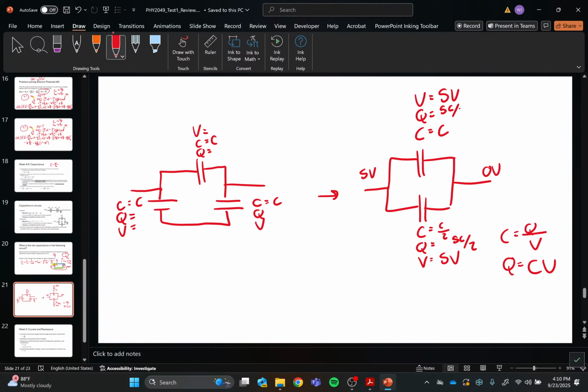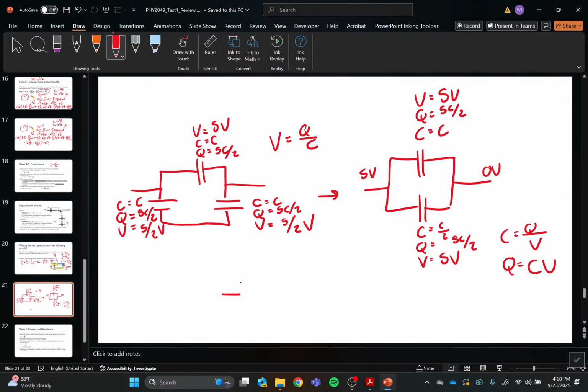That one's also 5C over 2, going backwards, this one's also 5 volts. The voltage equals Q over C, so that equals 5 halves. 5 halves plus 5 halves equals 5. It works.